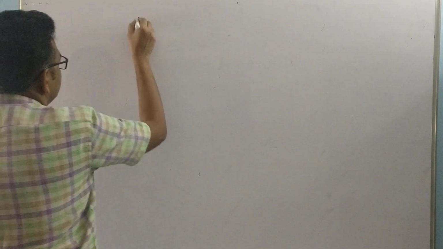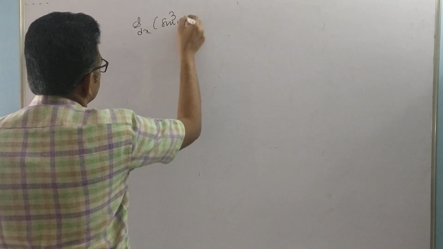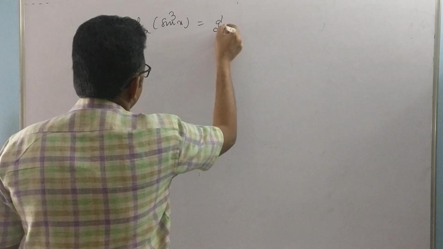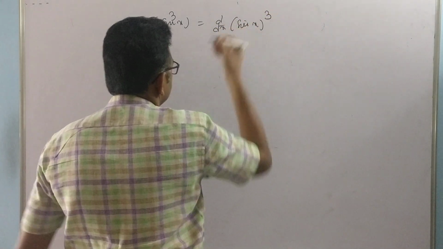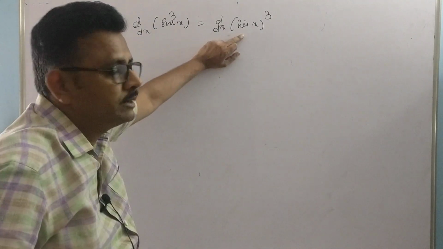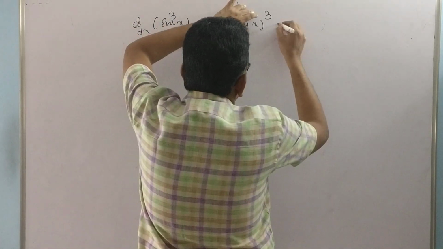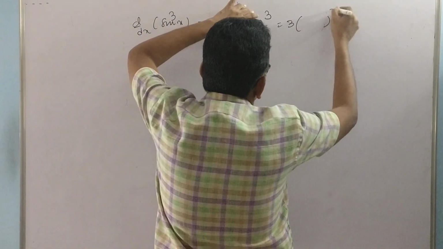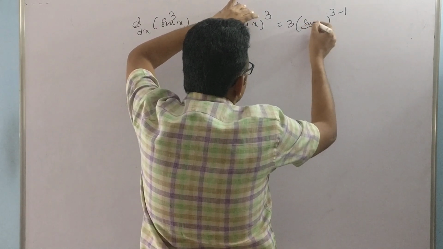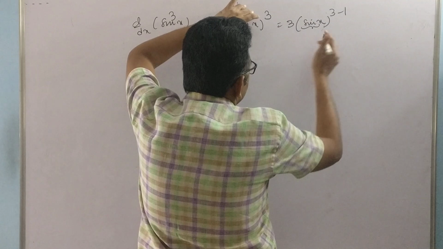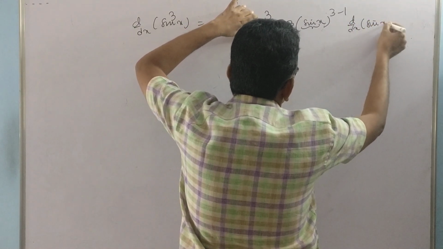Next one. So you know the derivative of sin cube x. This is d by dx of sin x whole cube. So this is just like x to the power of n, but not x. This is sin x, so treat it as x.